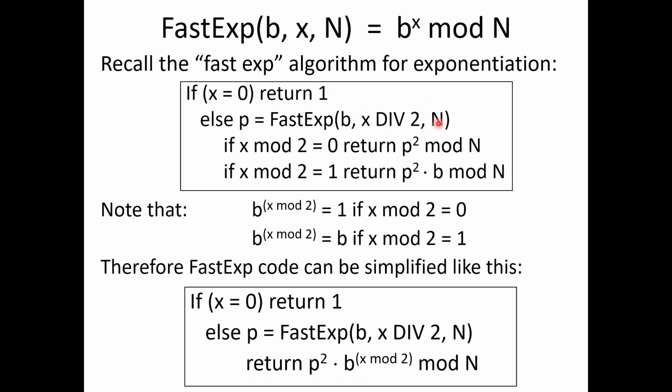And we do this modulo n. Then the result, we either square if x mod 2 is 0, in other words if x is even, or if x is odd, we take the result, square it, and multiply by one more b.